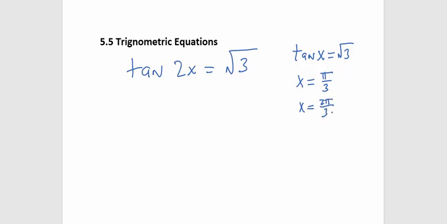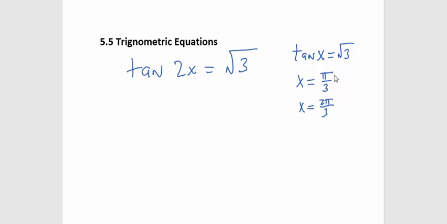Those are kind of the locations where we would get the tangent of x equal to the square root of 3. Now if you couldn't see that, you might want to get out a unit circle here as well as you're working on these trig equations.